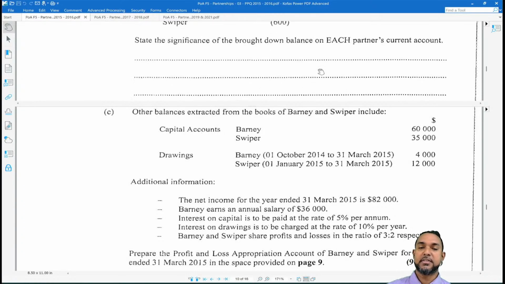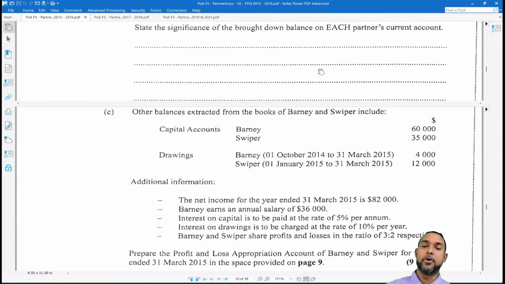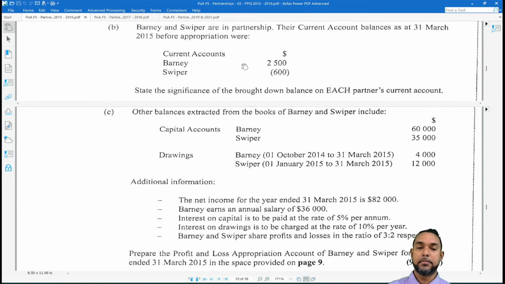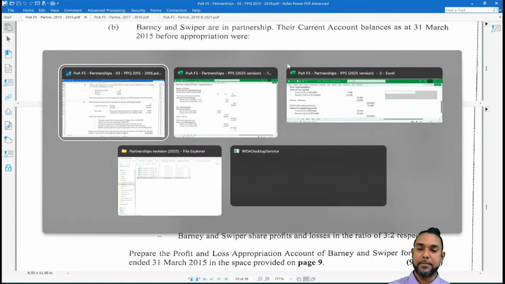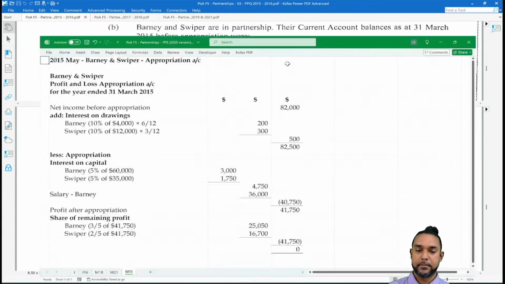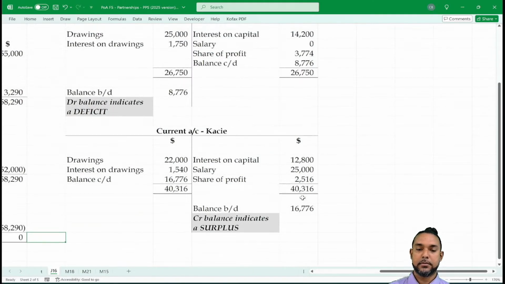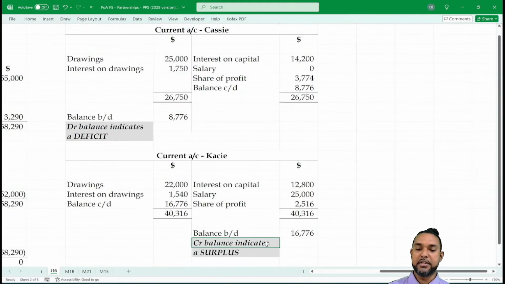Okay, so it says here, state the significance of the brought down balance on each partner's current account. Barney has a credit balance. Now, we said something about that a bit earlier, didn't we? A credit balance indicates a surplus on the current account, whereas a debit balance indicates a deficit.